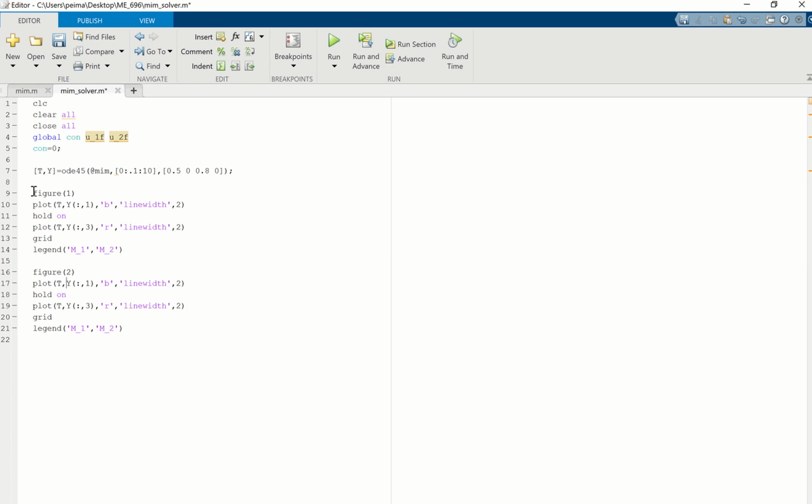Now time, and control input 1 UF and U2F, right? I'm saying U1 is the control input that you are sending to the actuator that makes this happen control-wise, and U2. So what do you expect to see, guys? Let me first debug it.